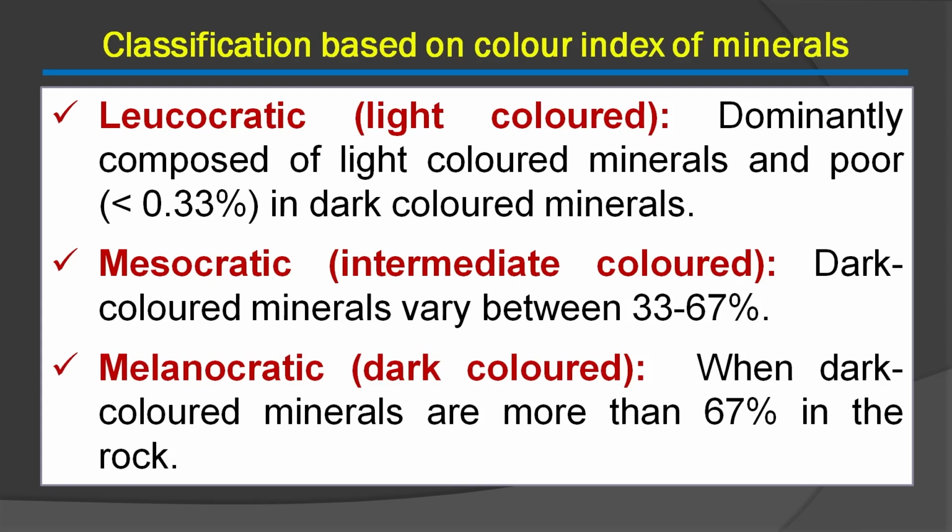These rocks have dark colored minerals which vary between 33 to 67 volume % of the rock, and they have an intermediate color. Then we have the melanocratic rocks, which are dark colored, and this dark color arises out of the presence of dark colored minerals in these rocks, which is usually more than 67% of the rock.